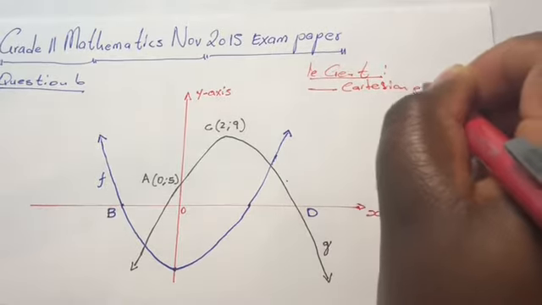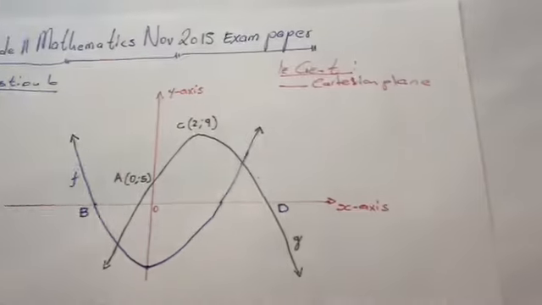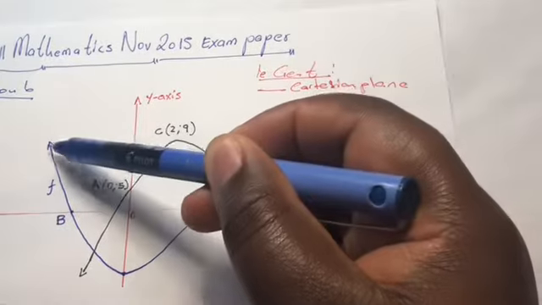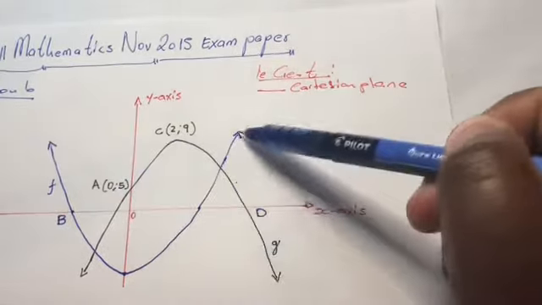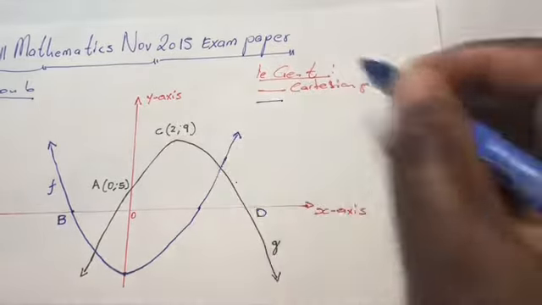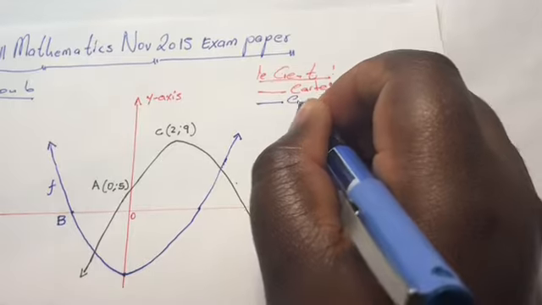Then we've got our graph of f, which is drawn in blue pen.